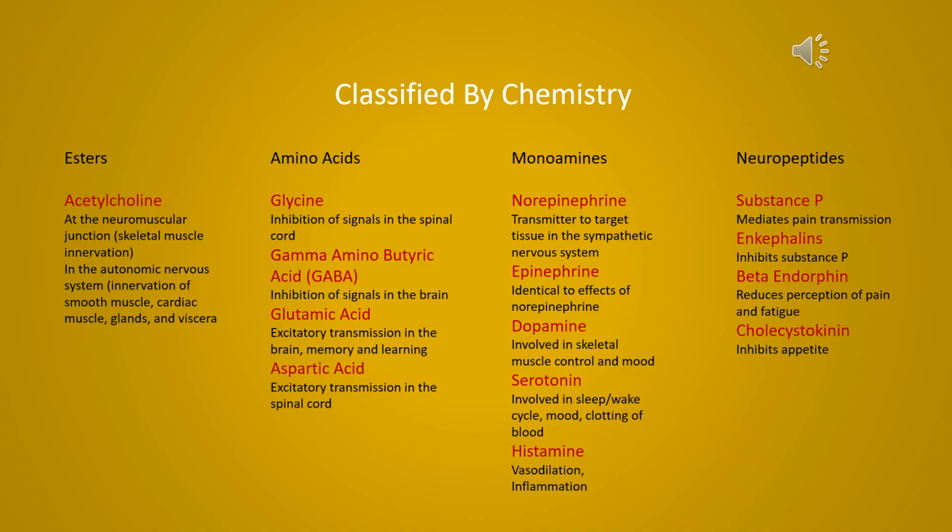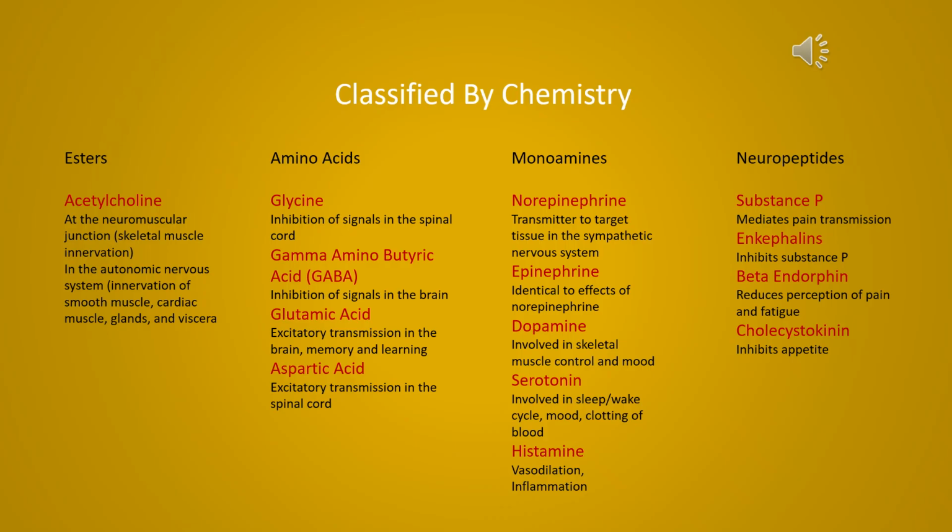So, in the case of histamine, you're probably most familiar with it in that we try to block it because we have discomfort or we have pain or we have watery eyes or things of that sort due to the release of histamine. So, we take antihistamines.